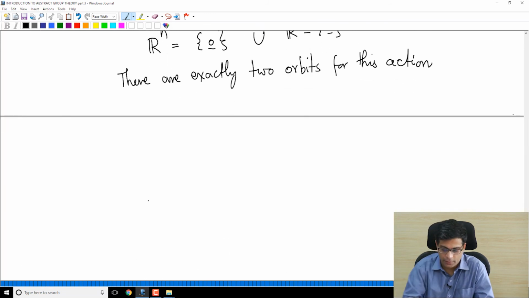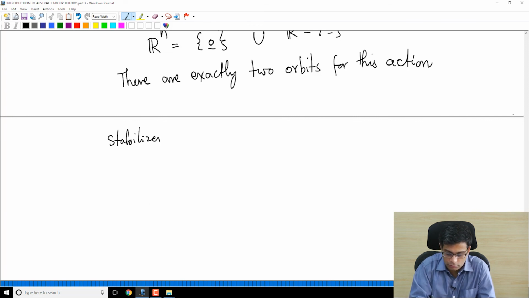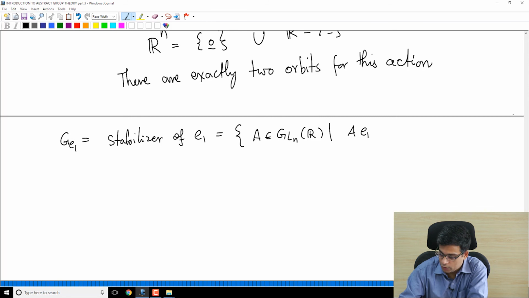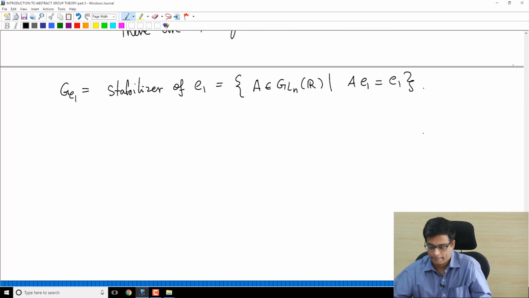Now let's do the second part. What is the stabilizer of e1? G_e1 is my notation for this. These are all matrices in GL_n such that Ae1 is e1. Let's work it out a little bit.